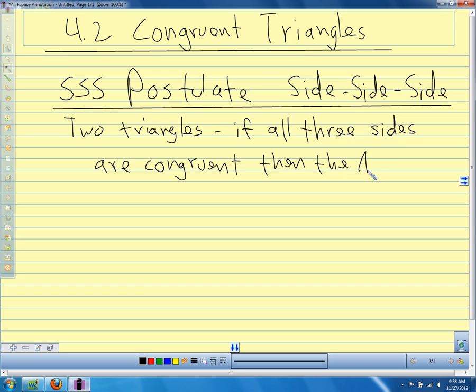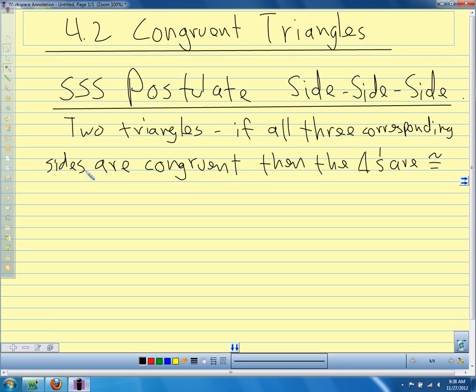And I'll use some shorthand. And we should say if all three corresponding sides, because we're not saying that all three sides are exactly the same, but our three corresponding sides are congruent, then the triangles are congruent.